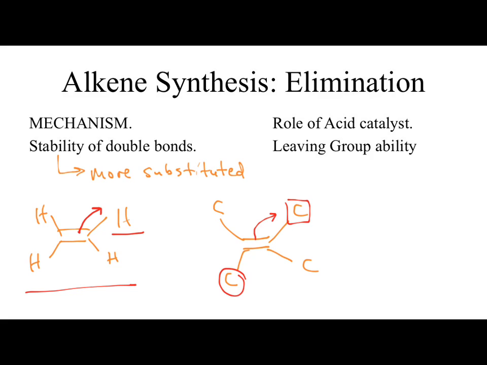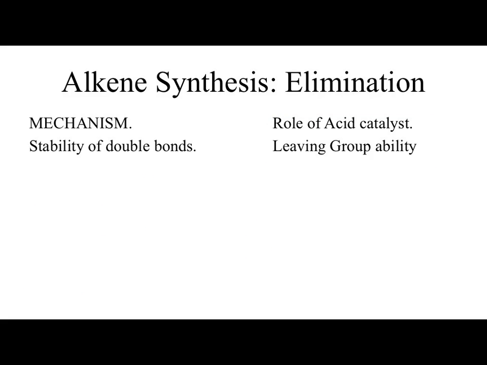Okay. Other things that we did in the lab was looking at the role of the acid catalyst, which is pretty much grouped with leaving group ability. Because when we ran the lab, we looked at the elimination of an alcohol to form our double bond.